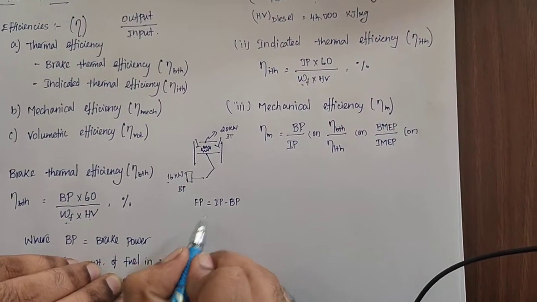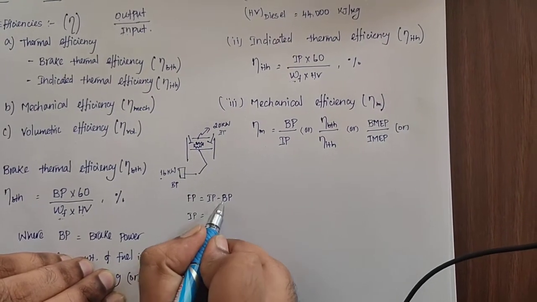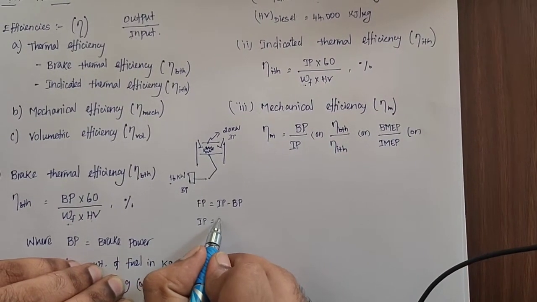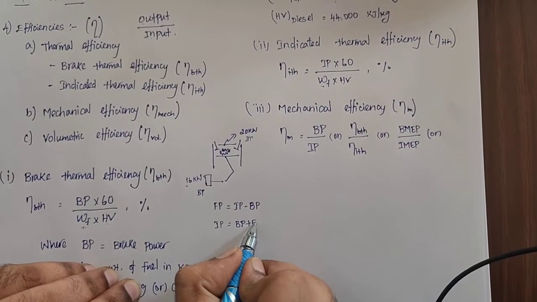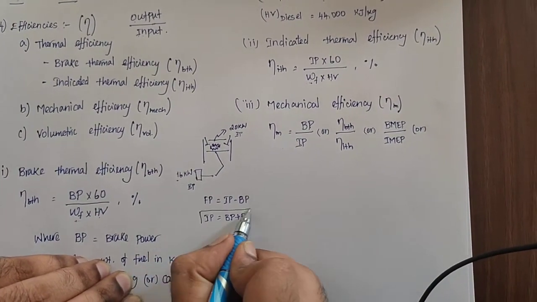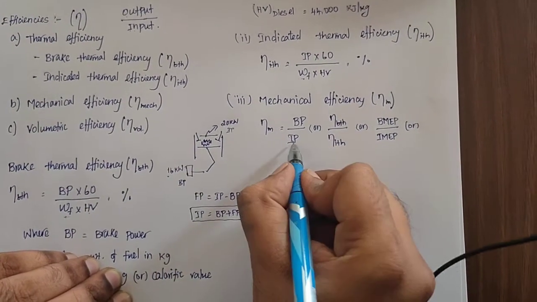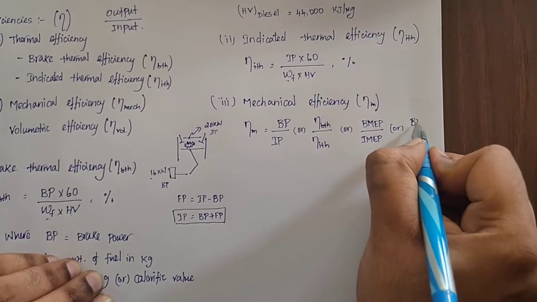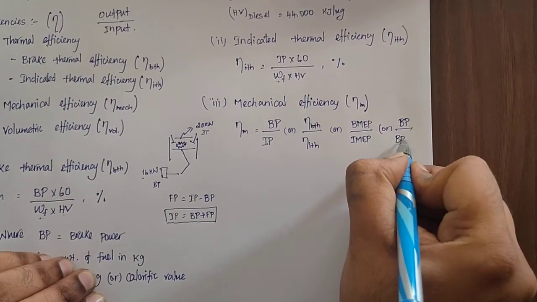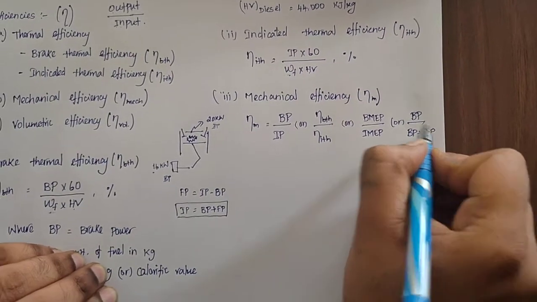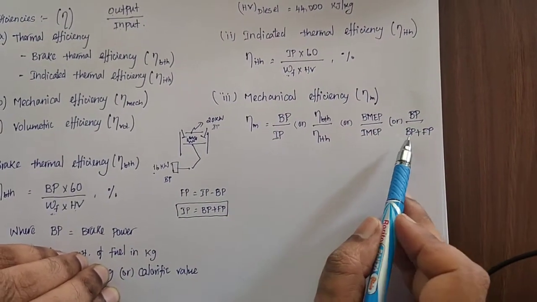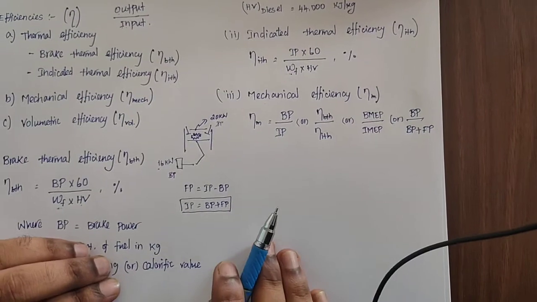So if I need IP, I can bring BP to the left hand side: IP equals BP plus FP. So I can replace it here: BP divided by BP plus FP. So these are all the 4 different formulas to determine the mechanical efficiency.